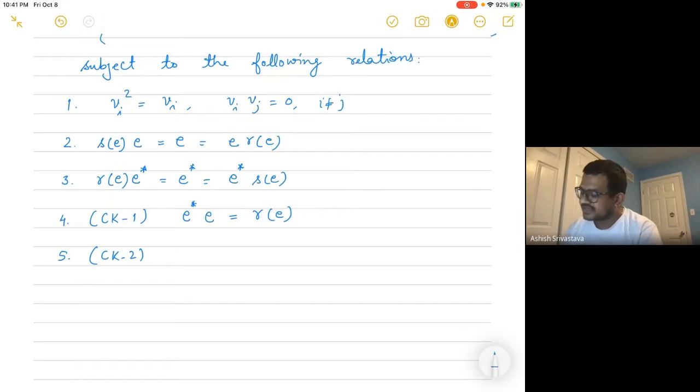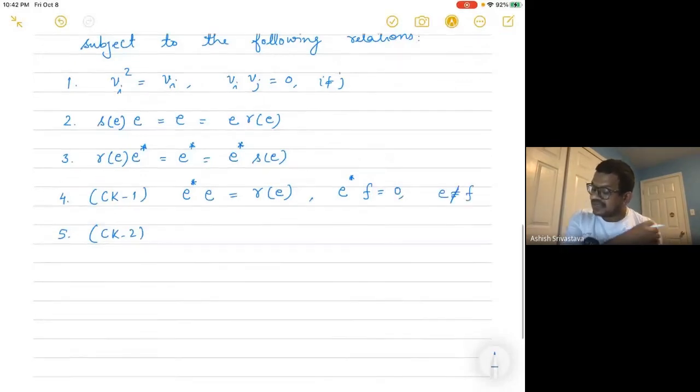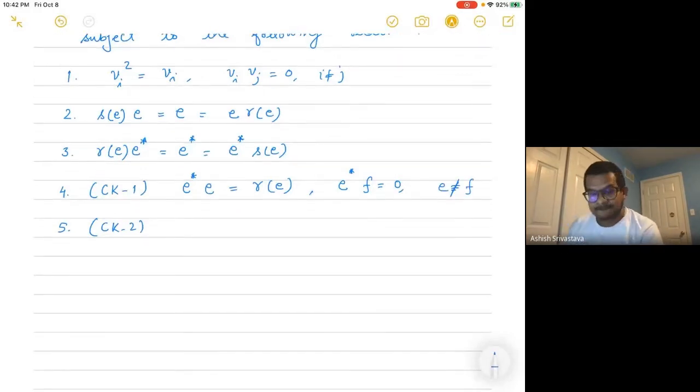And if you take two different edges e and f, then e star f would be 0. So e star e equals range of e, and if you have two different edges e and f, then e star f equals 0.